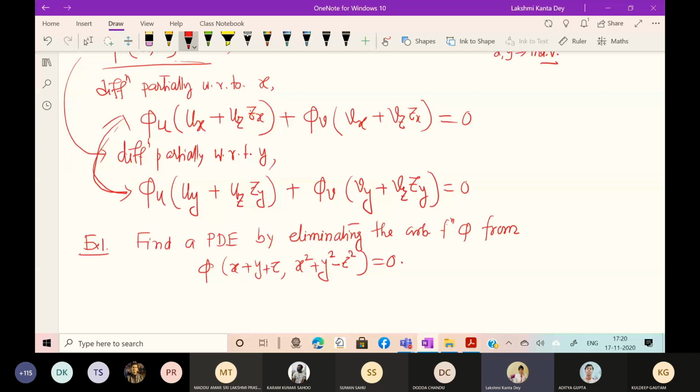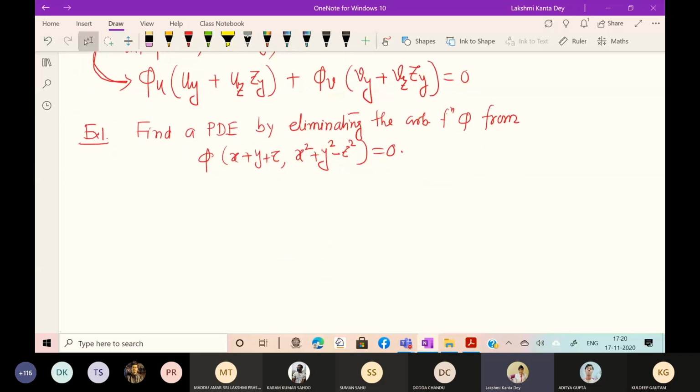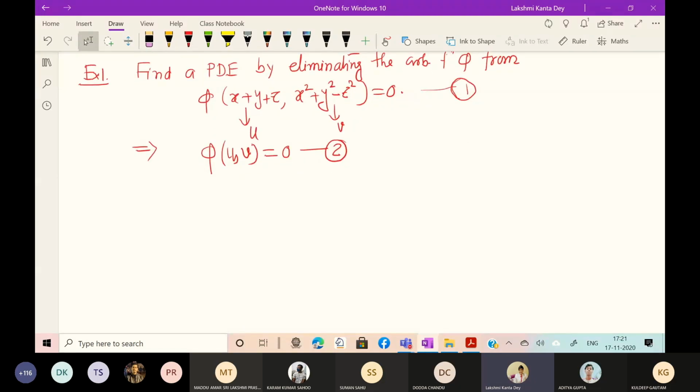This is your question, and this is relation 1. I assume that this is your u and this is your v. That means we get phi of (u, v) equal to 0. This is number 2, where u is x plus y plus z, v is x square plus y square minus z square, and phi of (u, v) equals 0.